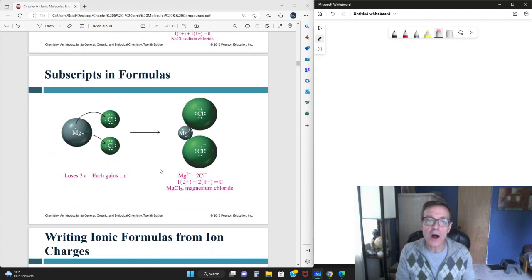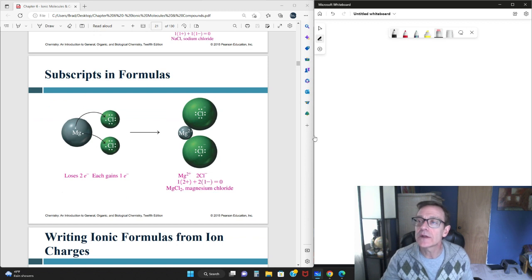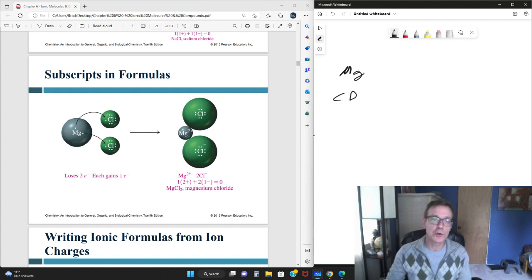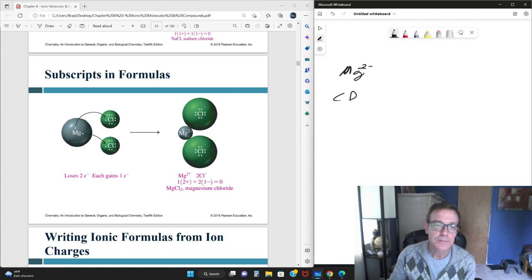So it's not always 1-to-1. So I'm going to draw this out. So we have magnesium, which is in group 2A, and chloride. So magnesium is group 2A, so it's going to want to give up 2 electrons to get happy.